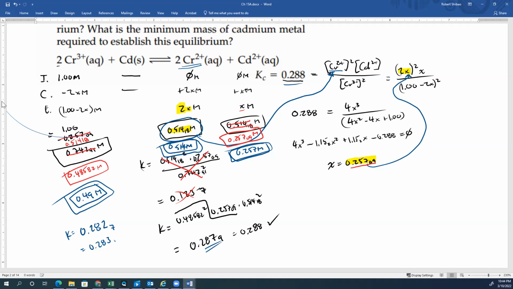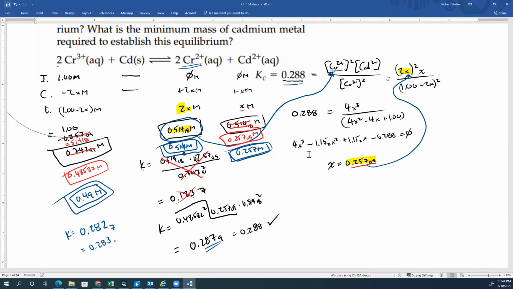And so this is why I'm in the habit of carrying extra digits until the very end, because I want to double check, and I don't want rounding to give me second thoughts. Why is it off? 0.283, it's supposed to be 0.288. Did I make a simple error? I don't want to have that cloud hanging over my head.